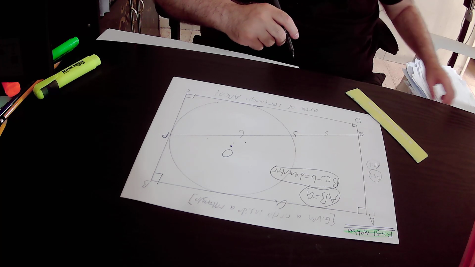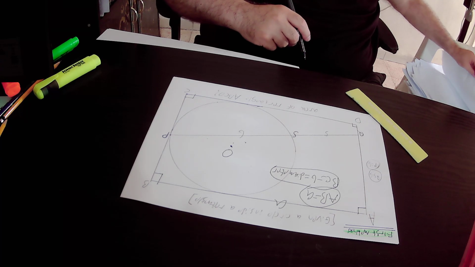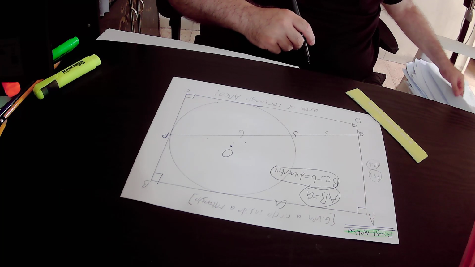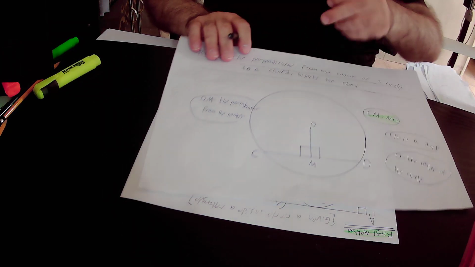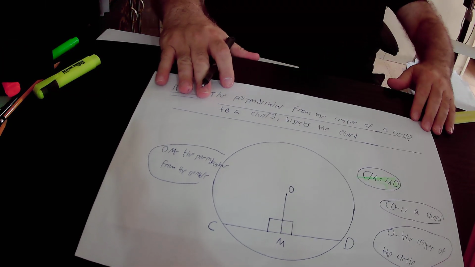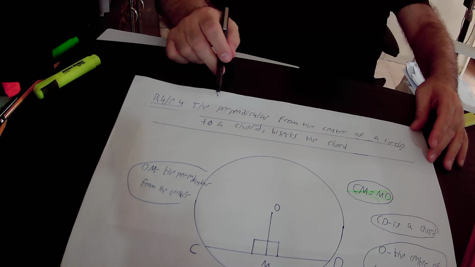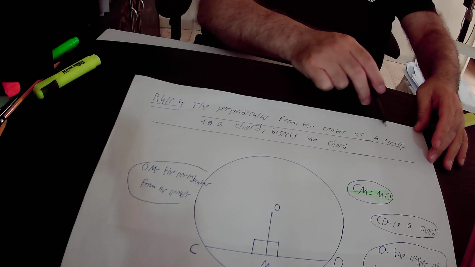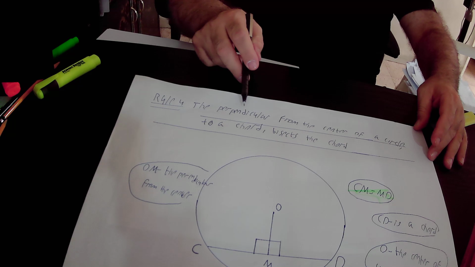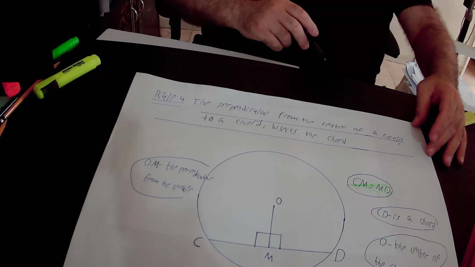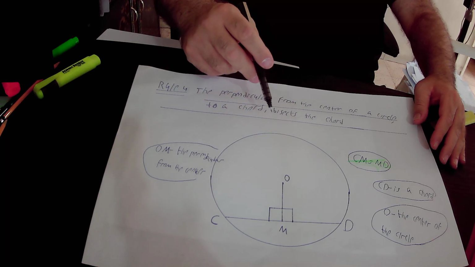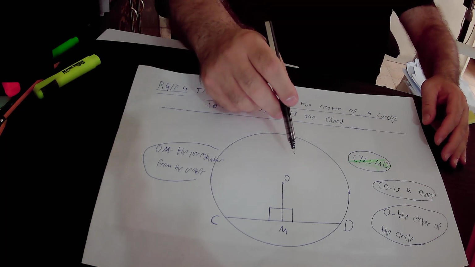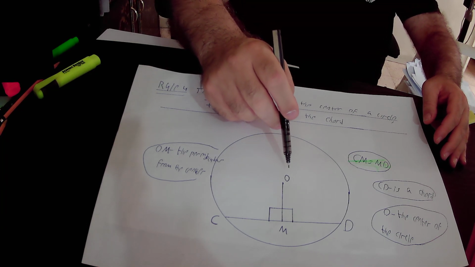I will present to you rule number 4, and we will implement rule number 4 in our drawing. According to rule number 4, the perpendicular from the center of a circle to a chord bisects the chord. Here, point O is the center of the circle, and the perpendicular from the center of the circle is OM.